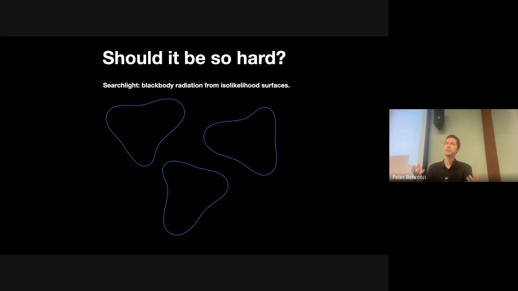If your probability distribution is lumpy and you have multiple modes, then typical algorithms will creep along one of these modes, and only in very, very rare circumstances will they have enough random chance to jump over to a different mode, and then they'll be stuck in a different mode for a long time. So they're very inefficient at exploring whenever you have potential barriers or likelihood barriers between different parts of your probability space.